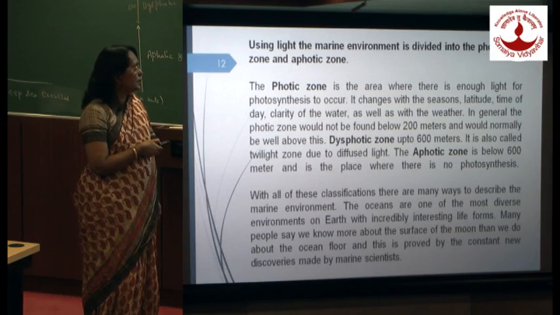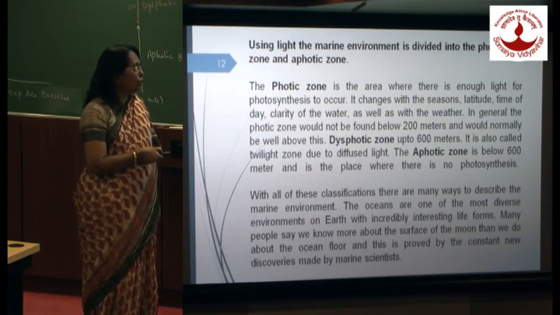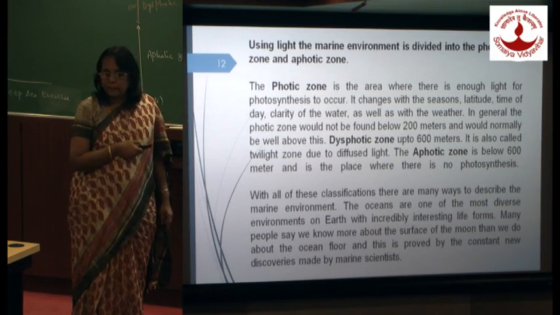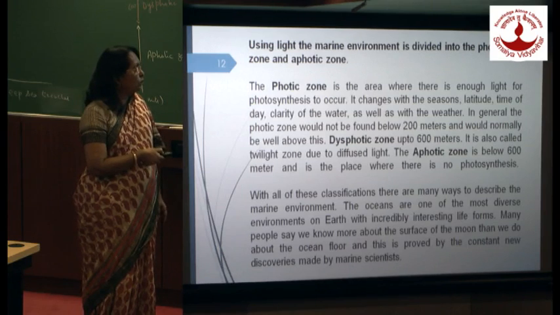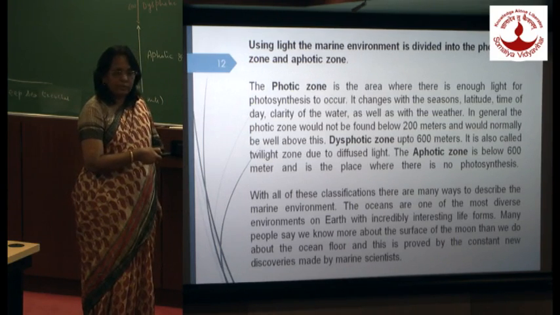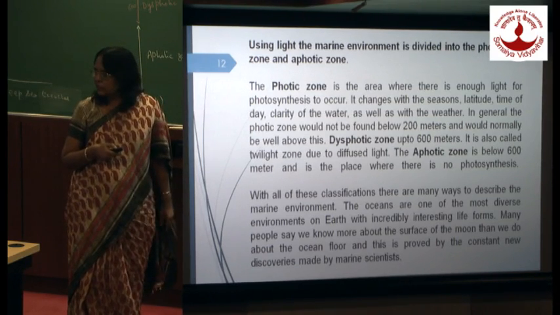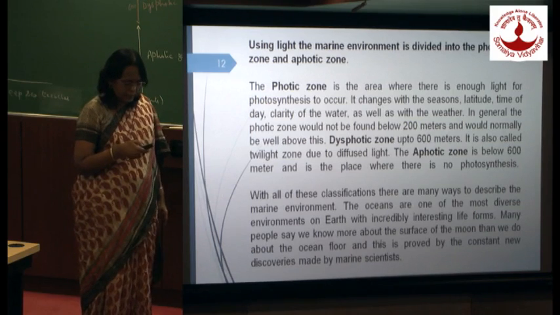Many people say that we know more about the surface of moon than we know about the ocean floor. Now this is self-explanatory. Okay, that we know more about the surface of the moon than about the ocean floor. So there is still a lot to be discovered by studying the marine environment.